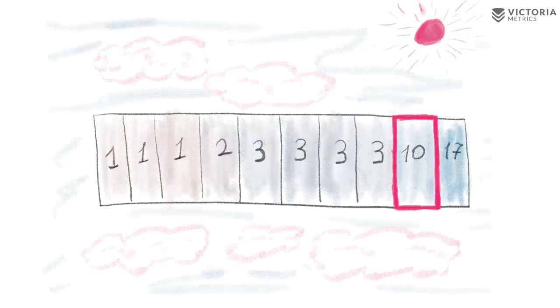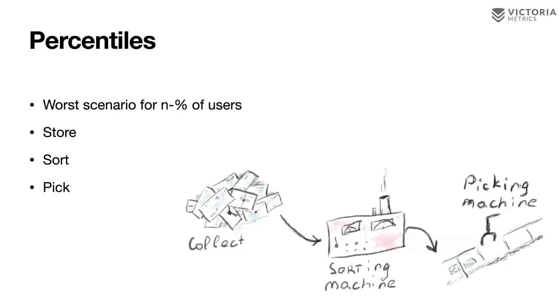And if you take the 9th value, that means that at least 9 users receive a letter in 10 days or faster. It was a pretty simple explanation, and Sir Alex understood that percentiles mean the worst case scenario for n% of users.